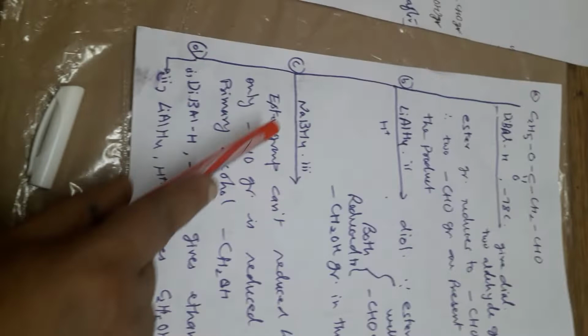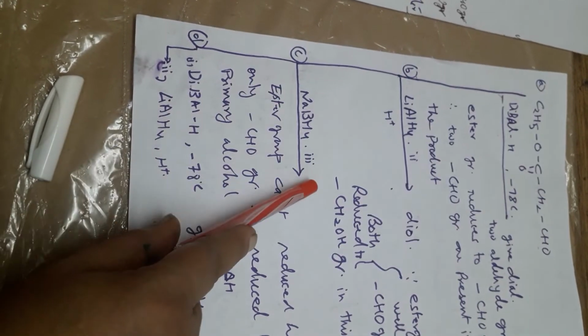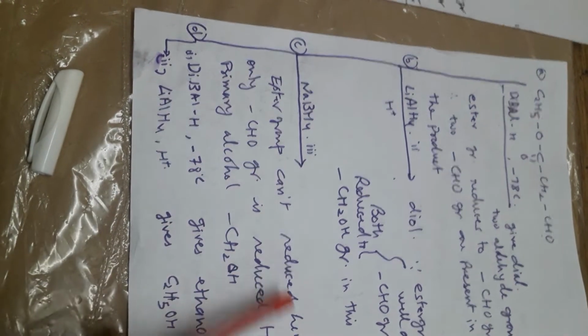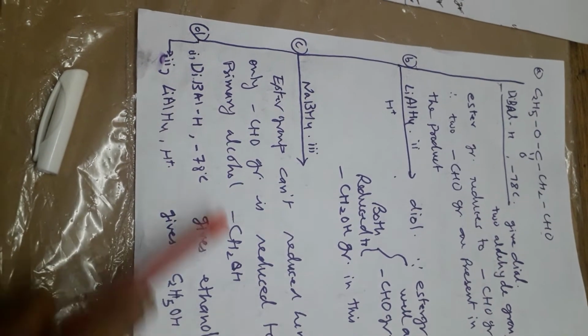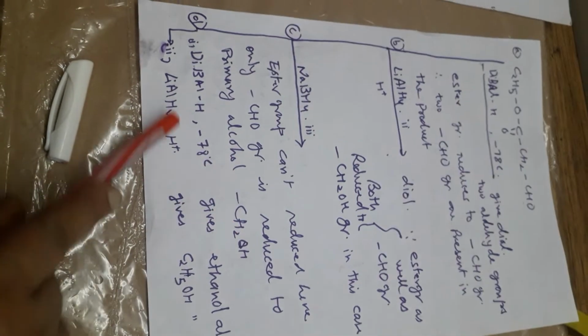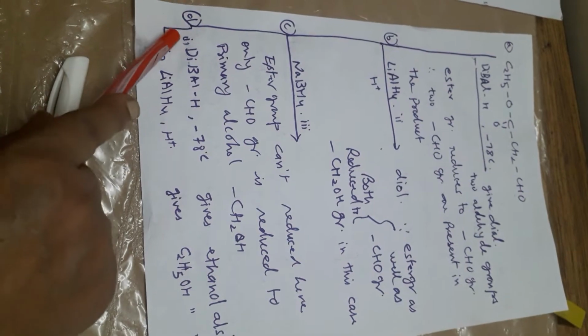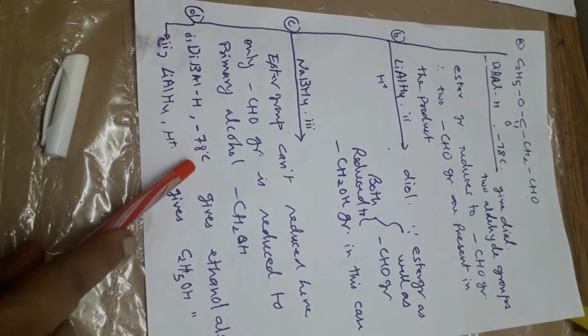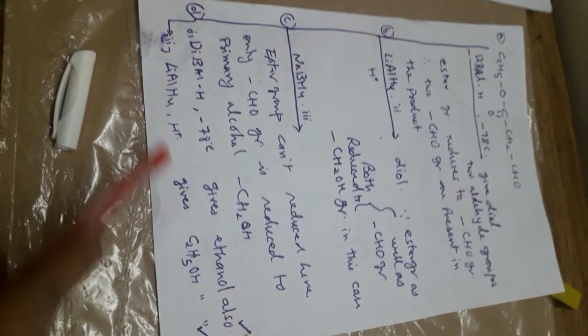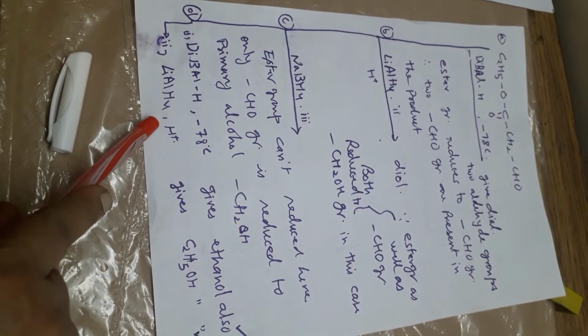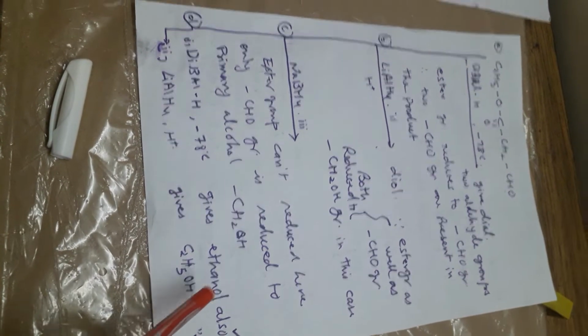Clear? Now in case C, NaBH4: the ester group cannot be reduced here, only the CHO group is reduced to a primary alcohol. Okay, so in case D, DiBAl-H at minus 78 degrees C gives ethanol also, and LiAlH4 with H positive gives ethanol. How?